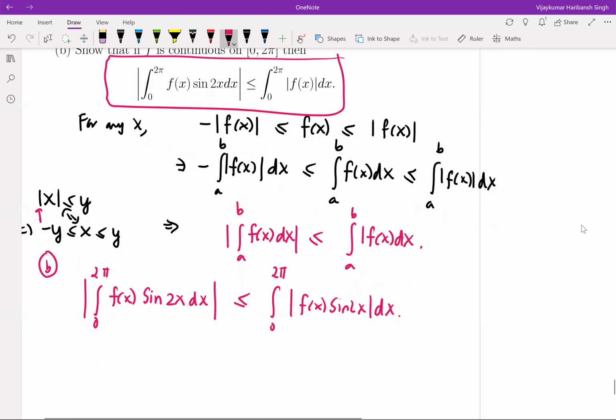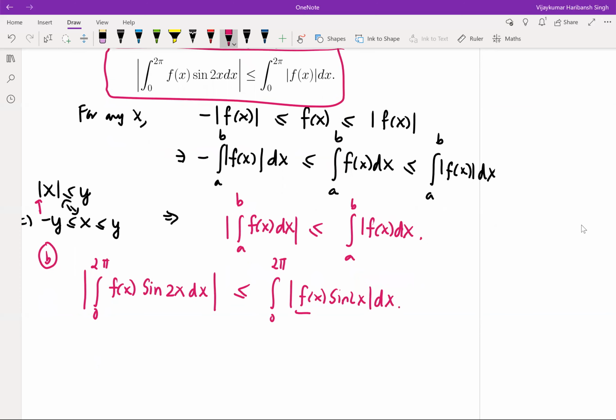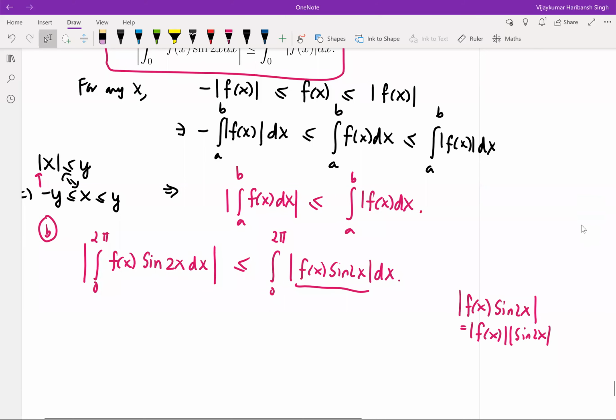Let's simplify this a bit. The absolute value of f of x sine 2x is the same as the absolute value of f of x times the absolute value of sine 2x. But what about sine 2x? Sine values are always between -1 and 1, so the absolute value of sine 2x is always less than or equal to 1.